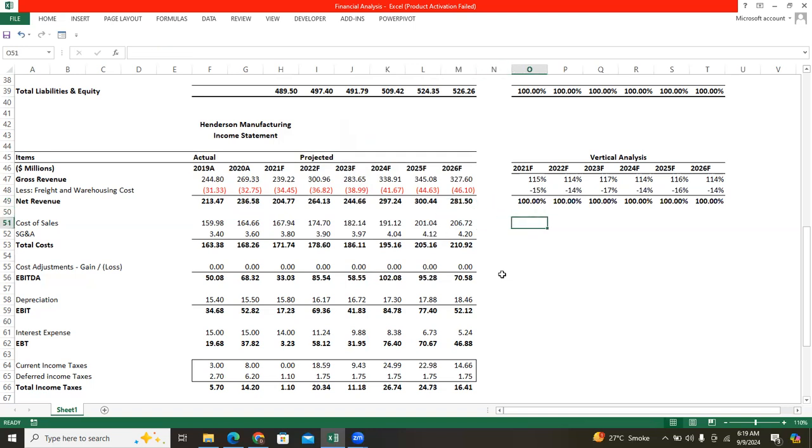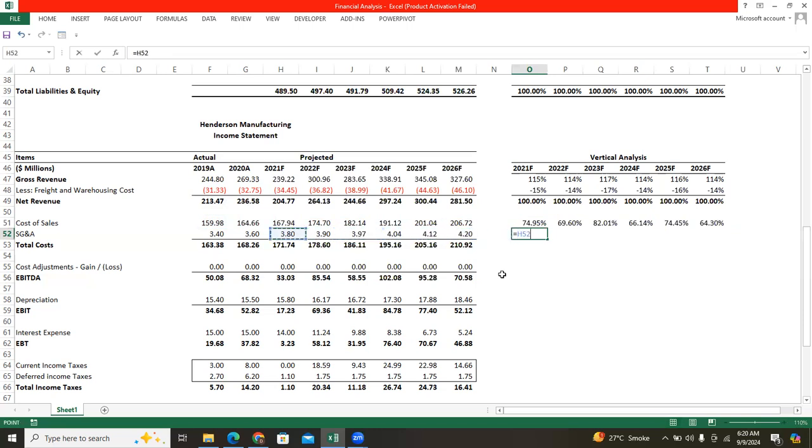In a similar way, all of my costs would be a specific percentage of my revenue to cover the vertical analysis. The cost is breaking much.